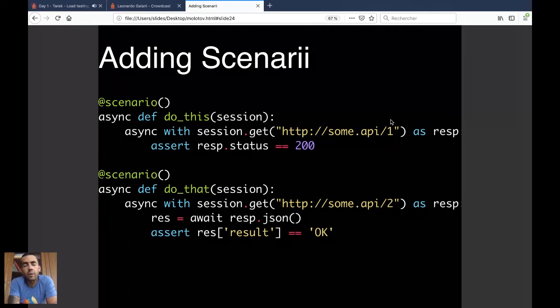When Molotov sees this kind of test, every time a coroutine is going to start a test, it's going to pick randomly one of the scenarios. So here, it's going to pick either do this or do that. When you run this for quite some time, 50% of the calls are going to be do this and 50% do that.